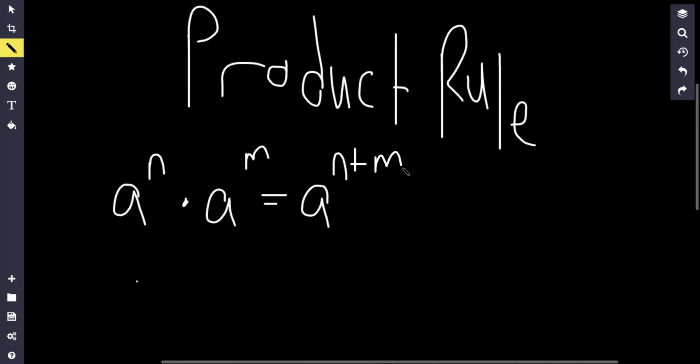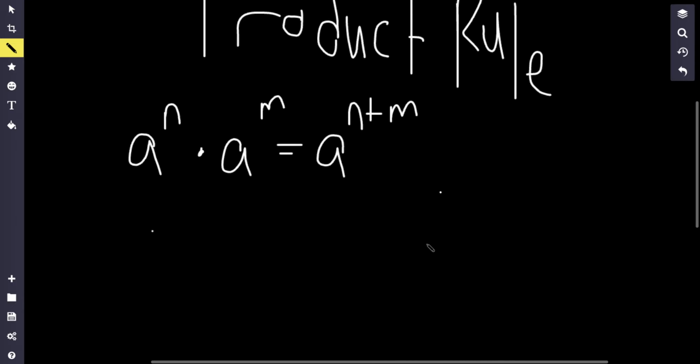So for example, let's say that I have 3 to the second power, and I multiply this by 3 to the third power. What is this going to be equal to? Well, what you'll notice, first of all, is that the base of both of these numbers is the same.